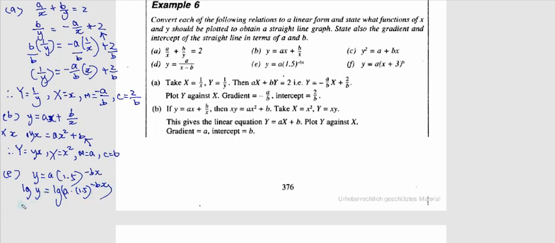Okay, now so you have log y equal to log a plus log 1.5 to the power of minus bx. Okay, now, are we ready?